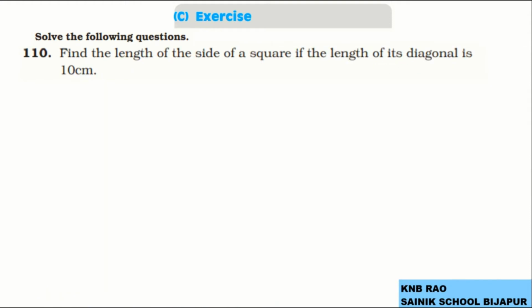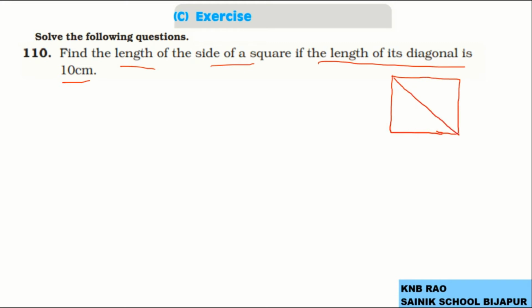Students, in this 110th question, find the length of the side of a square if the length of its diagonal is 10 centimeter. Students, in a square we have a diagonal dividing it into two right angled triangles.